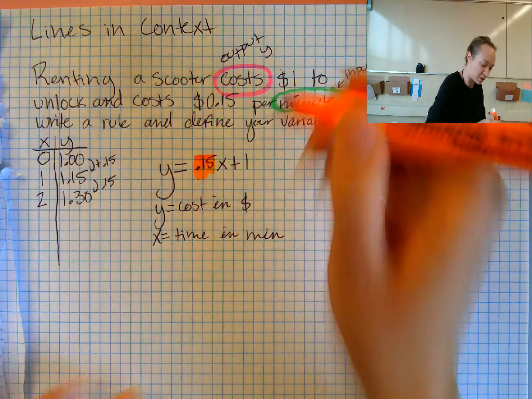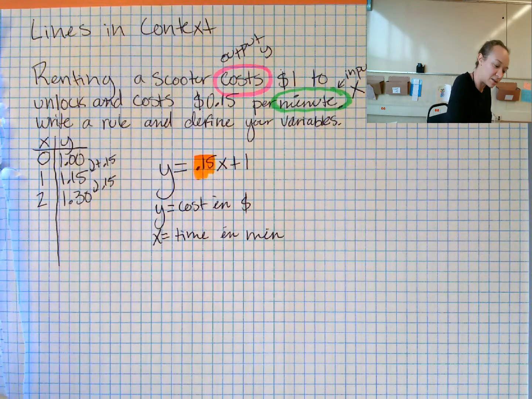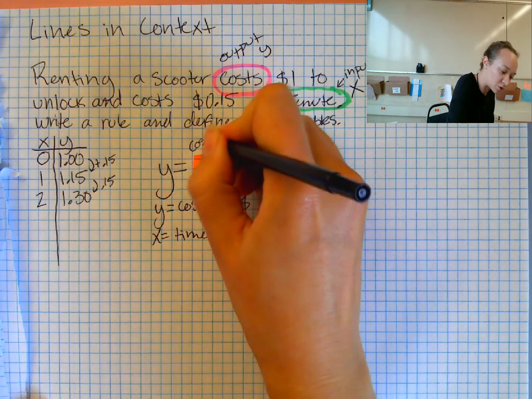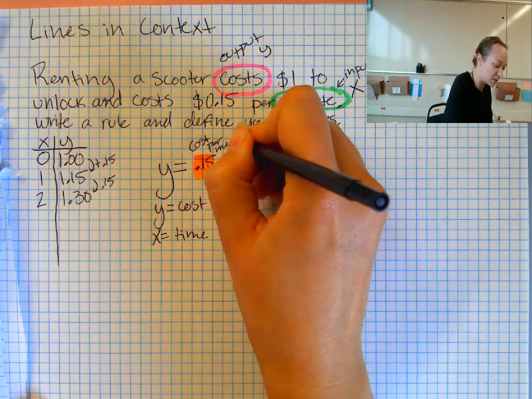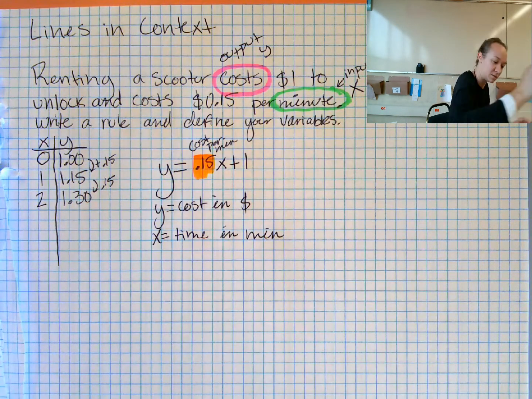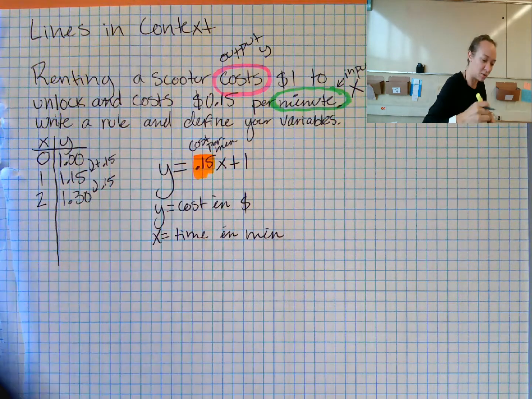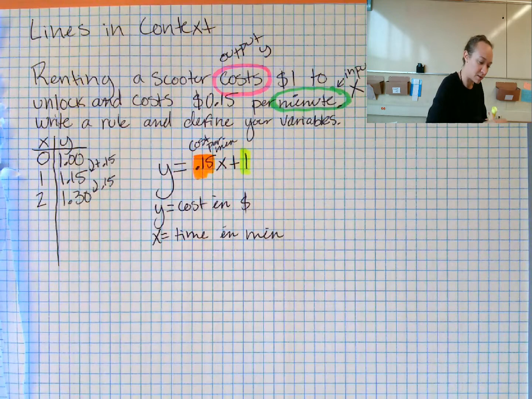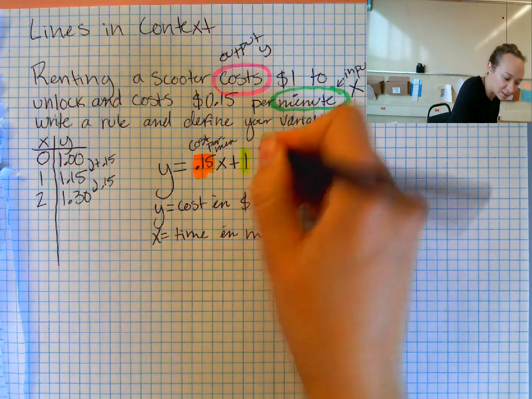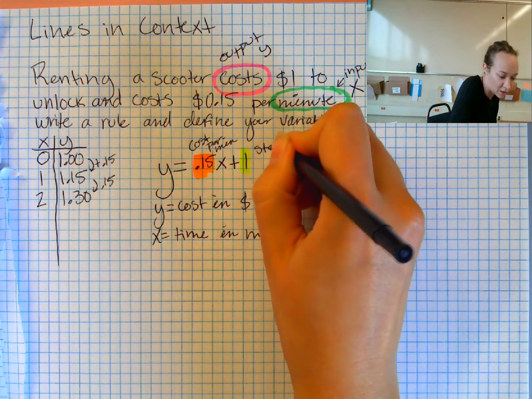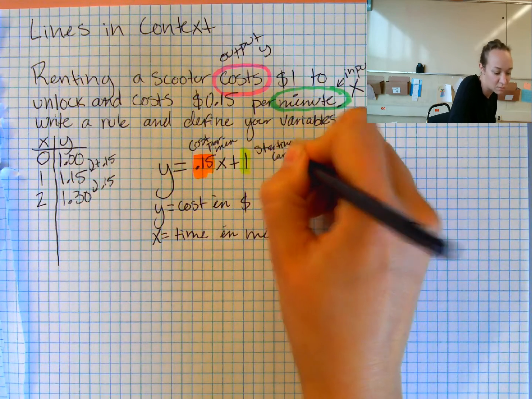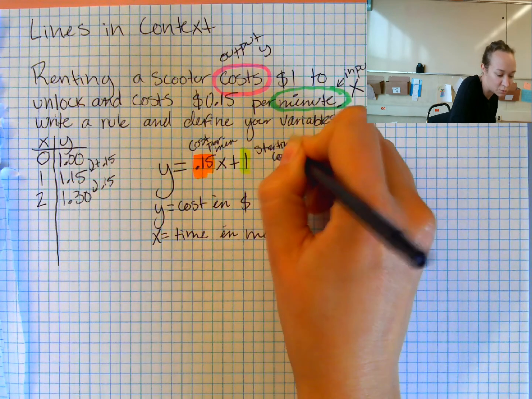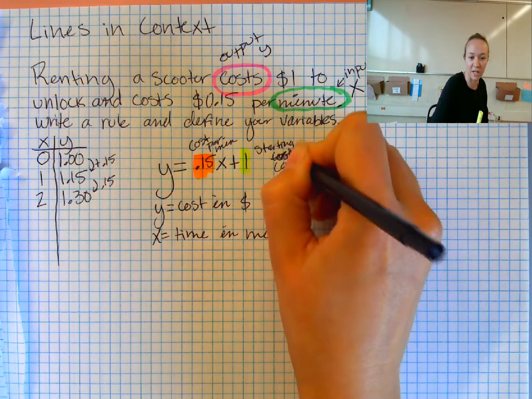That's our slope, and that represents the cost per minute. And the plus 1 is the starting cost.